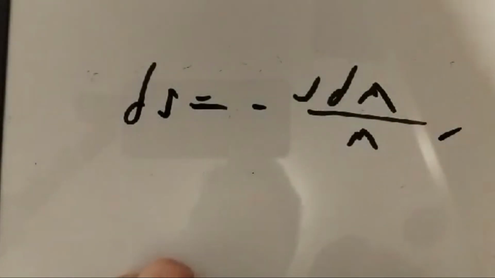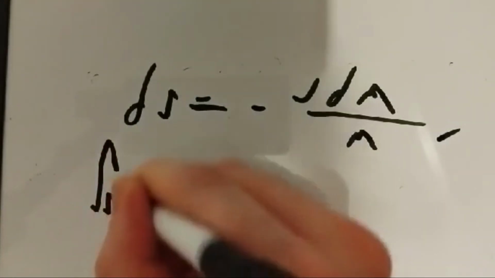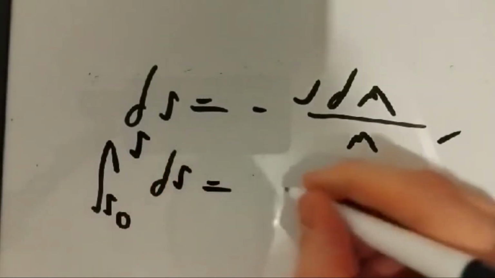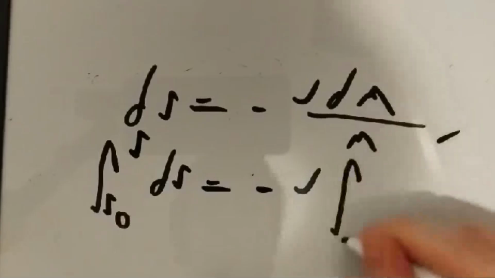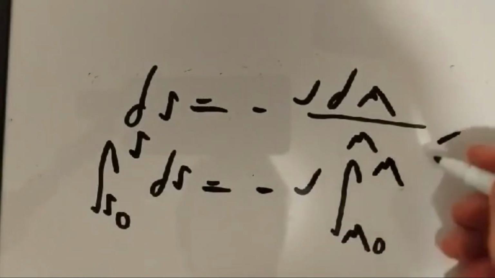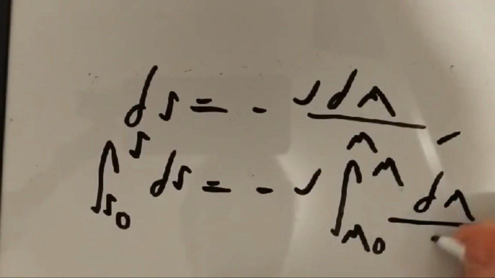And with that, you can integrate between v0 and v. The integral of dv is equal to minus u, the integral between m0, the initial mass, and m, of dm over m.